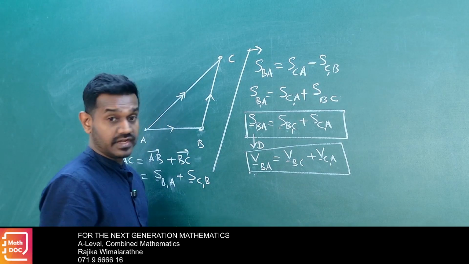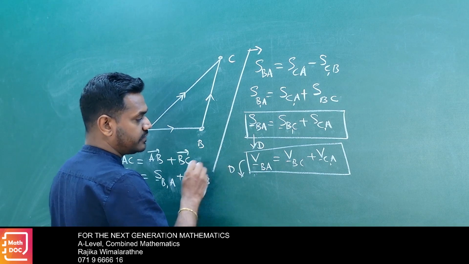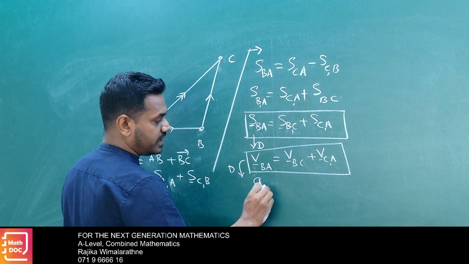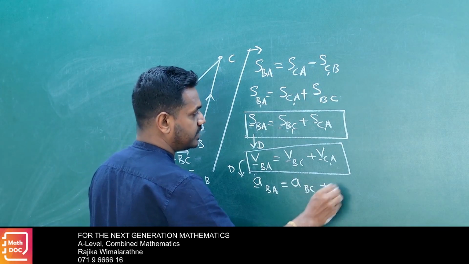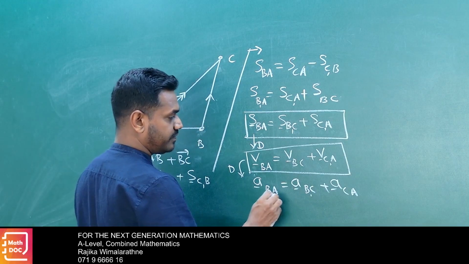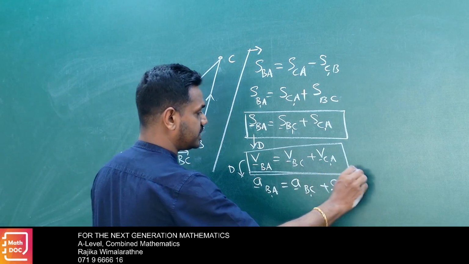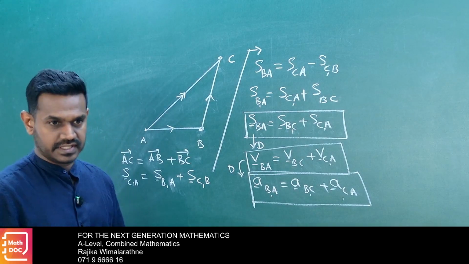When we differentiate again with respect to time, that becomes A_BA equals A_BC plus A_CA. That is called the relative acceleration theorem.